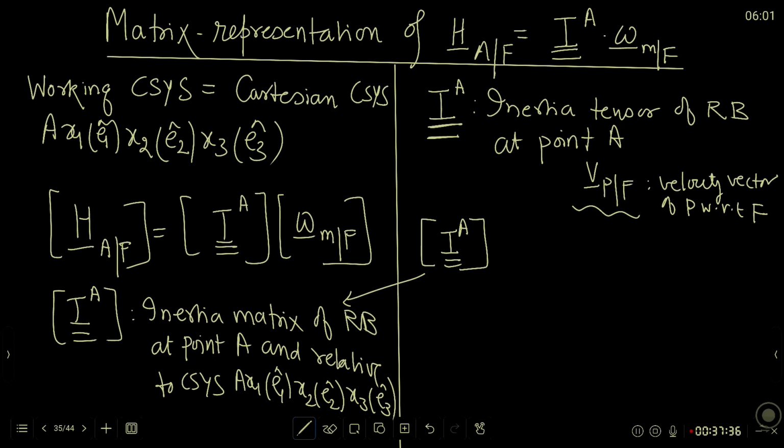And you know by this time that scalar components of a second order tensor will always be represented using a coordinate system in the background. And thus I also need to specify this inertia matrix of RB at point A relative to coordinate system, this long coordinate system.